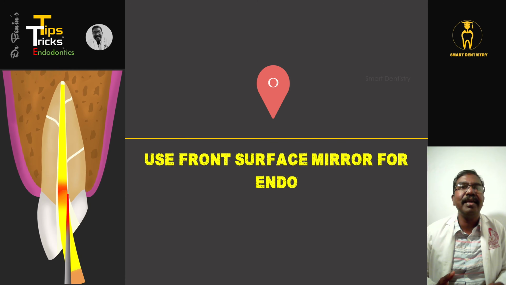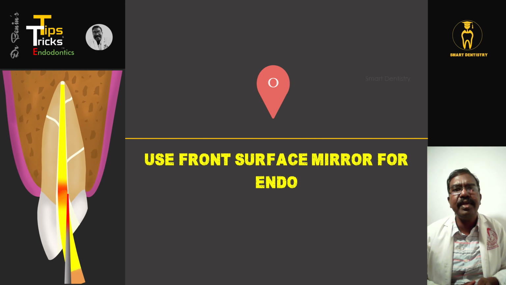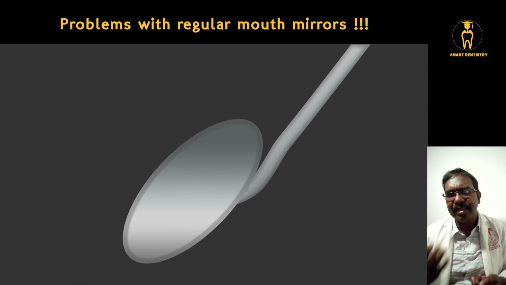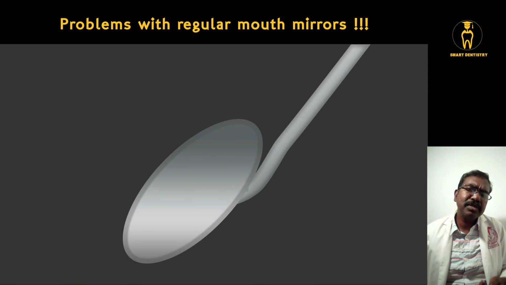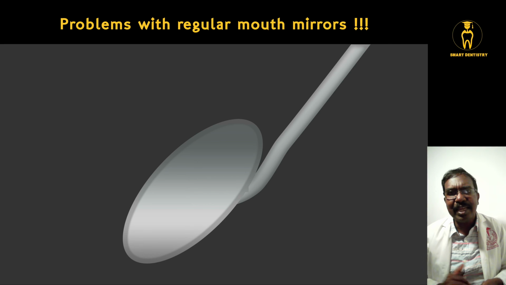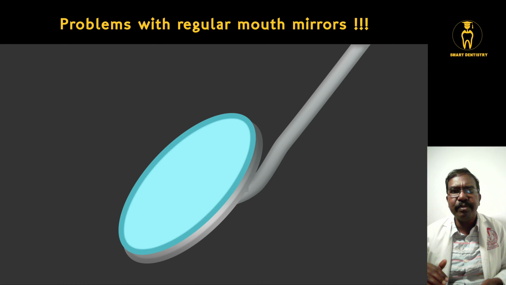The third tip that I am going to give is, while doing root canal treatment and for most endodontic procedures, always use a front surface mouth mirror. I will explain the front surface and the rear surface mouth mirror. Most often the dentist will be using a rear surface mouth mirror. There is a metallic part, and on top of that there is a glass.